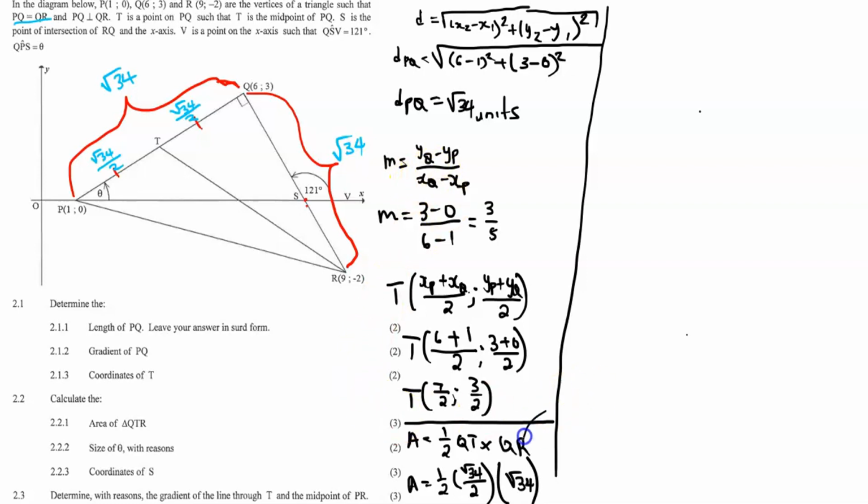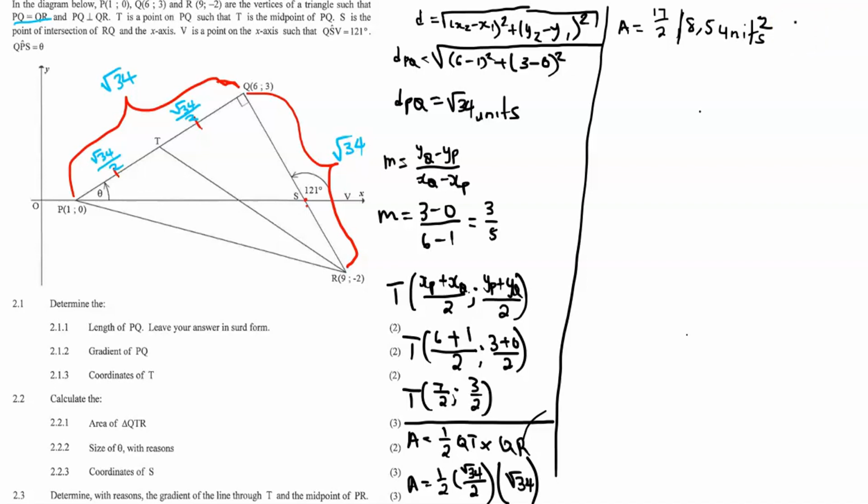So the area is equal to 17 over 2, which is the same as 8,5. Then we say square units, because we do not know the units here, whether they were centimeters or whatever they were.